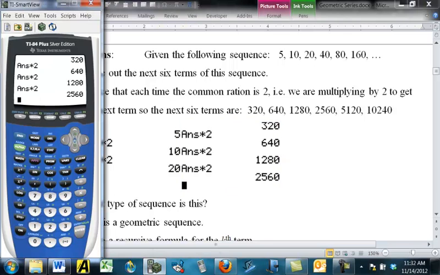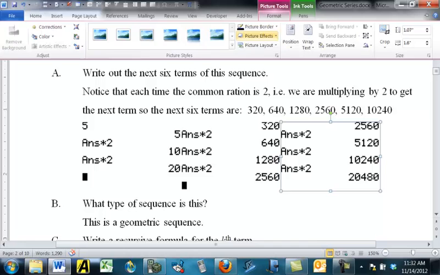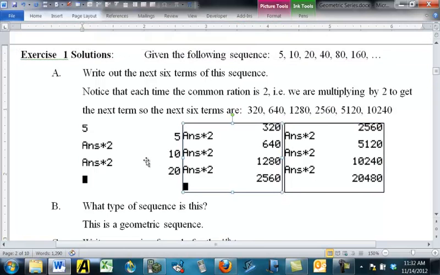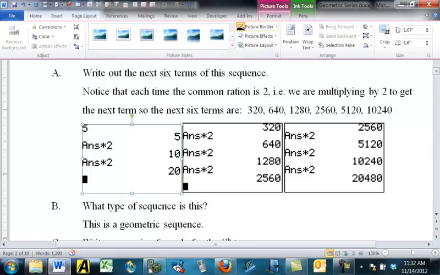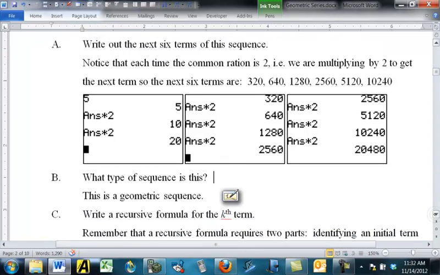That's an easy way to work out a recursive pattern like that, at least if it's one basic operation over and over again. If we're going to repeatedly add the same number each time or multiply by the same number each time, you can do it pretty easily in the calculator like that.